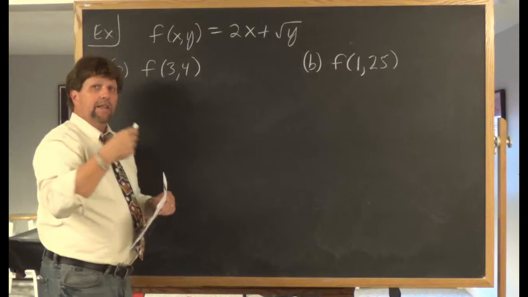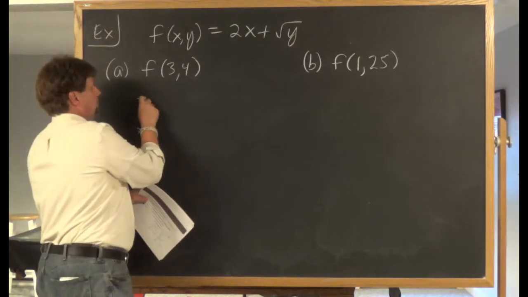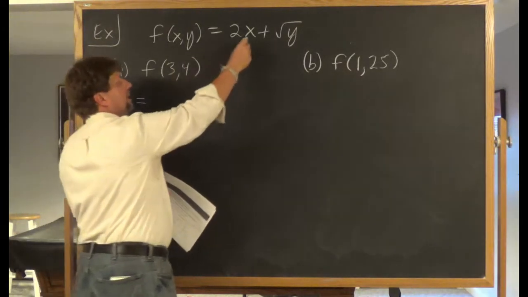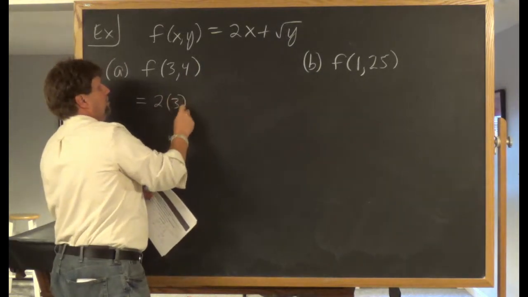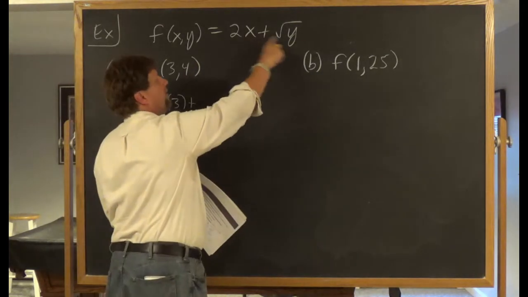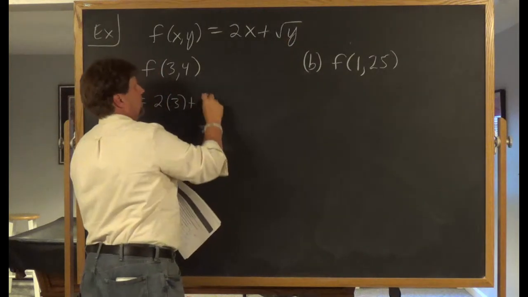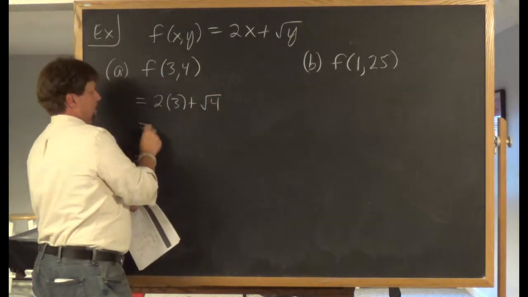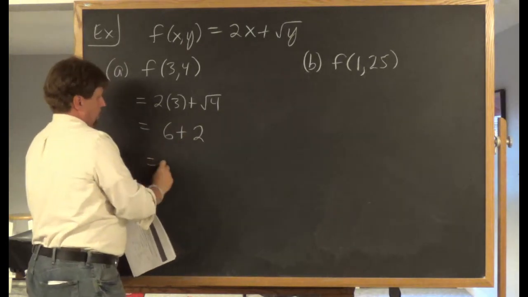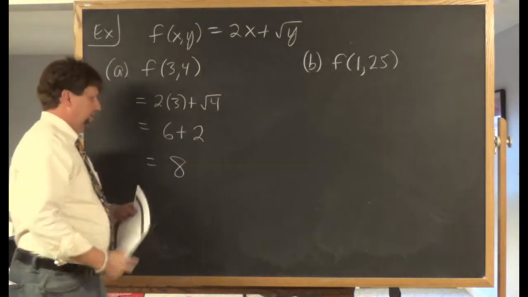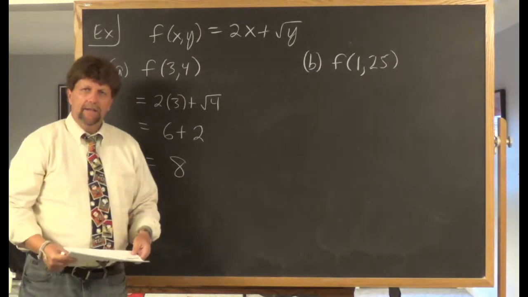So to evaluate the f of 3, 4, all we do is put 3 in wherever we see an x, and put 4 in wherever we see a y. And let's see, 2 times 3 is 6, square root of 4 is 2, we get 8. The f of 3, 4 is 8.